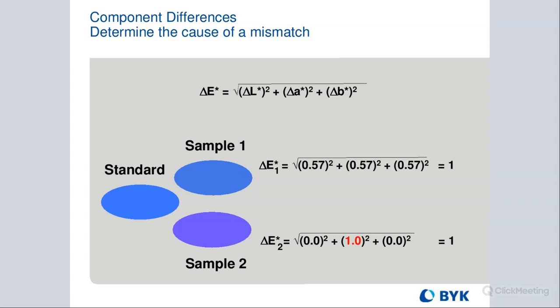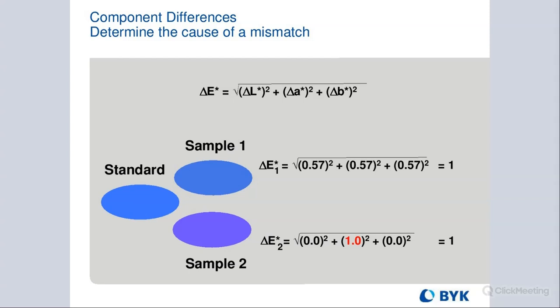But when we look at sample 2, because all that difference is happening in one color component, what we're seeing is an actual visual mismatch. So sample 2 is not visually matching the standard, but when we look at it through the equation numerically, the sample would match the standard.